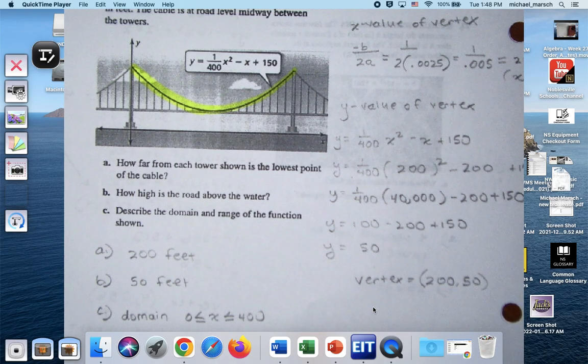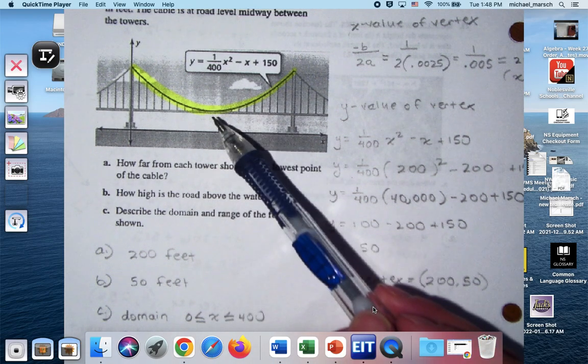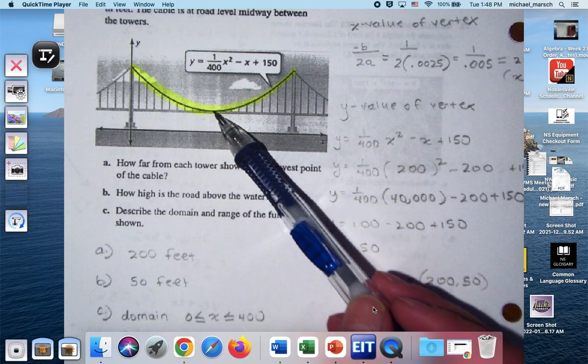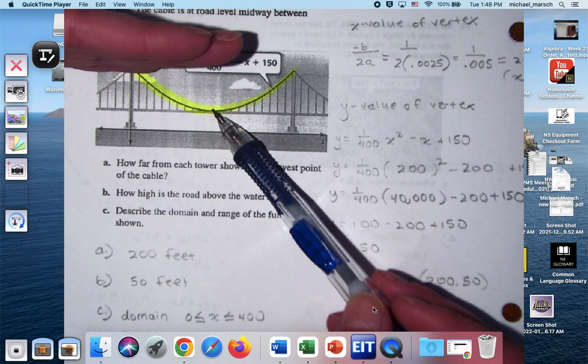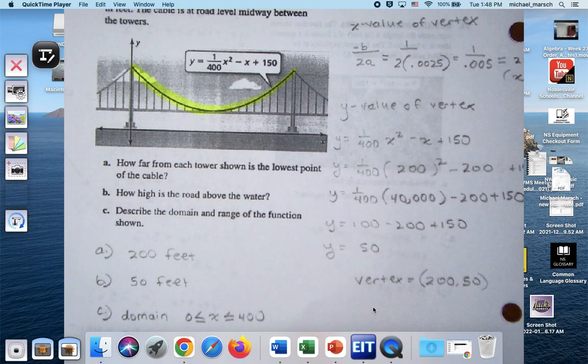Okay, and then the range tells us from the lowest point of the cable to the highest point of the cable. So we know the lowest point is 50. What's the highest point of the cable? How'd you get that?